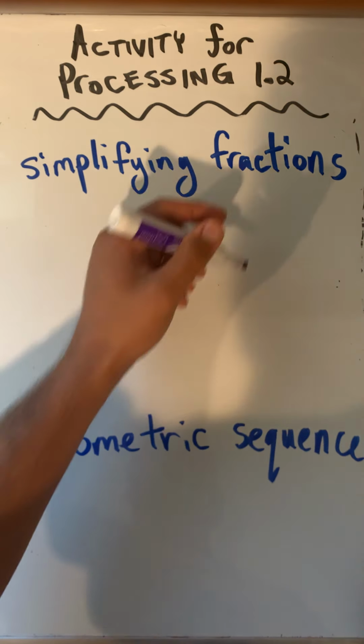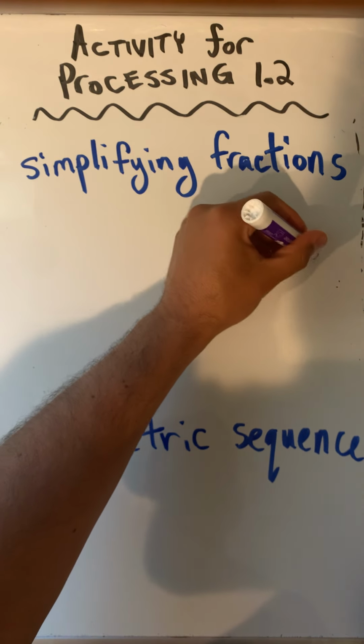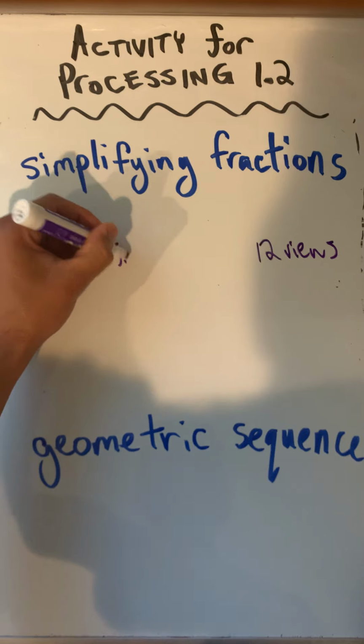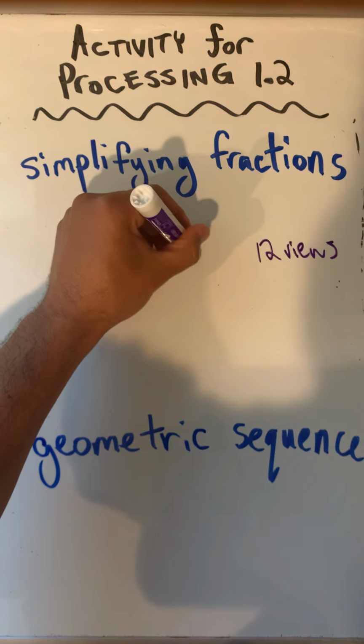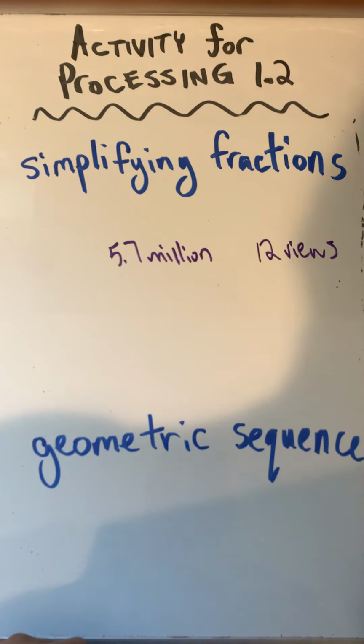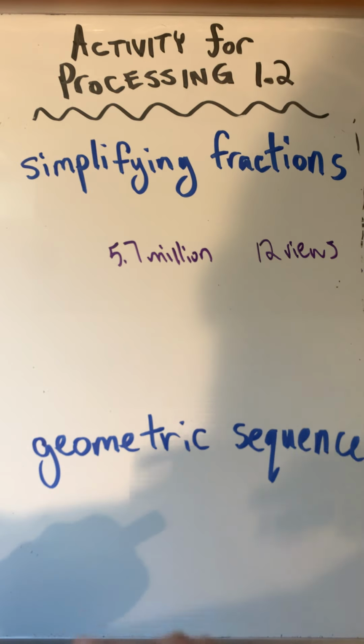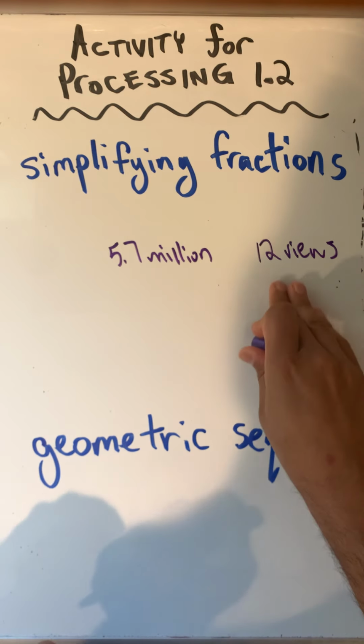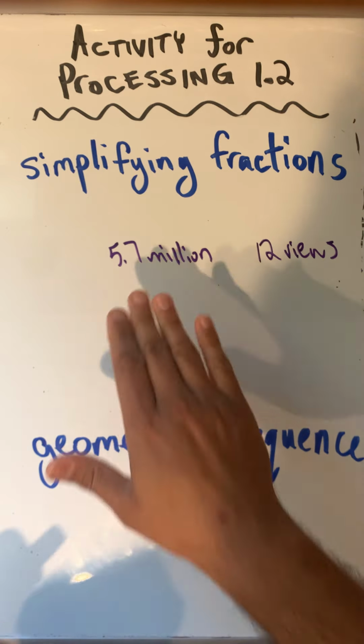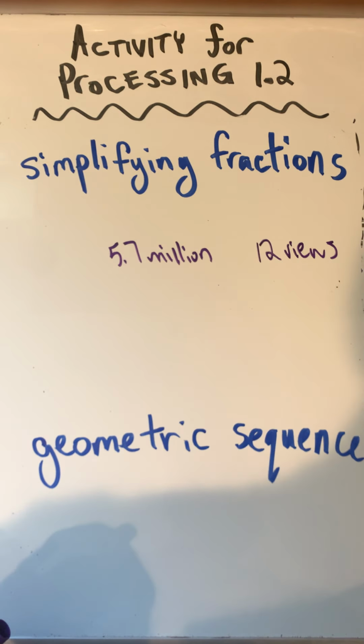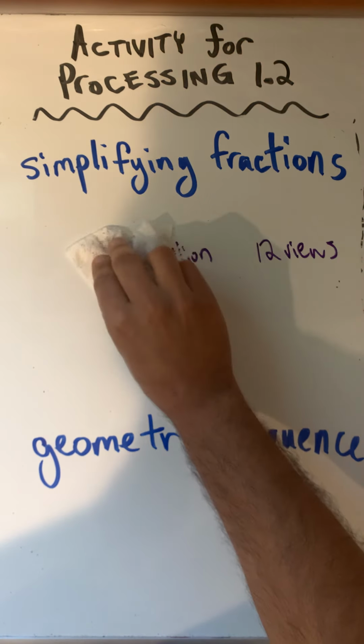So if you have something that has only 12 views versus something that has like 5.7 million, there's probably a good reason why that one has 5.7 million and that one only has 12, right? Not to say that this one couldn't grow into a bigger one, but I would go with what has been viewed the most, right? That's my recommendation.